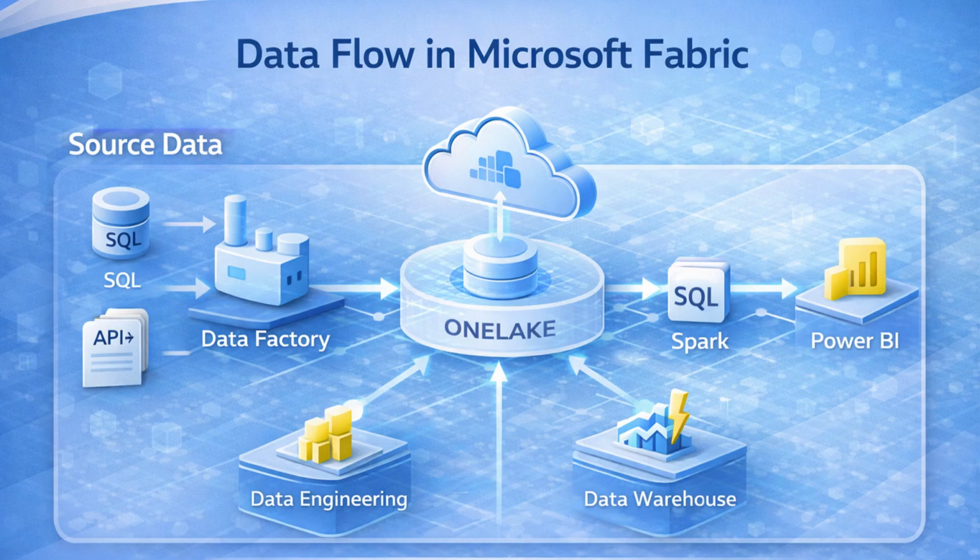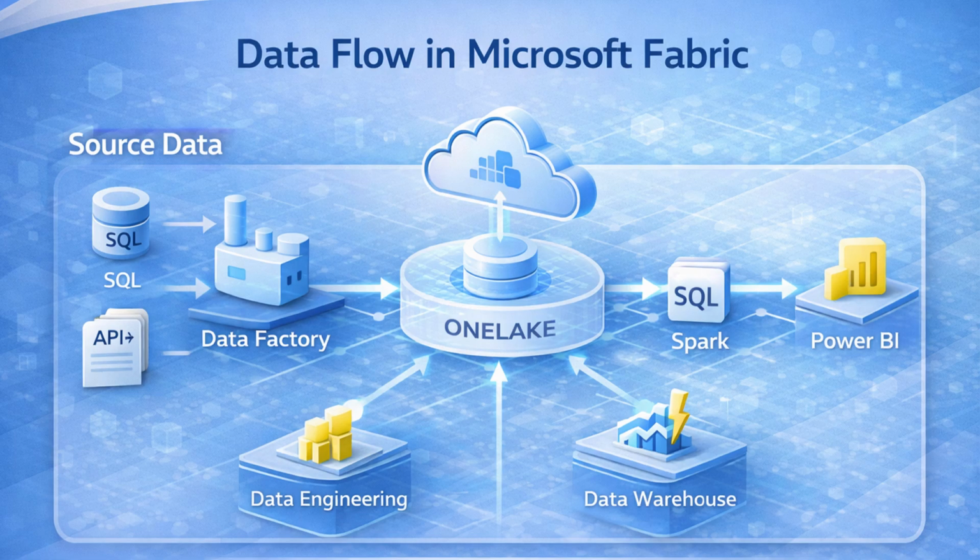Let me explain the full data flow with a simple example. Let's imagine you have data coming from SQL Server, Excel files, and APIs. First, Data Factory brings that data into Fabric.